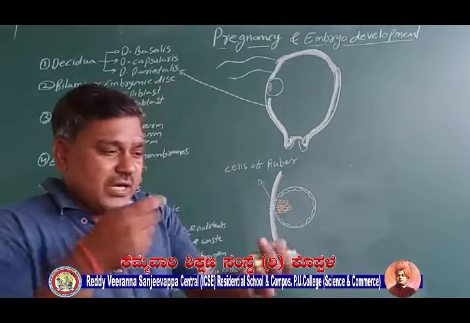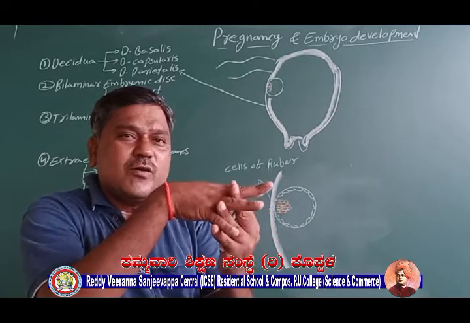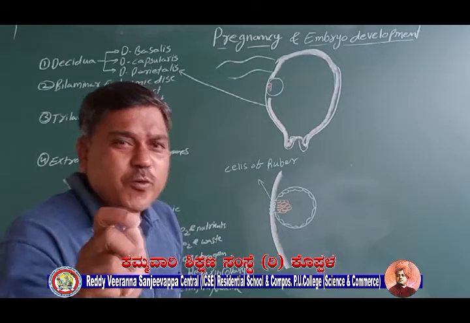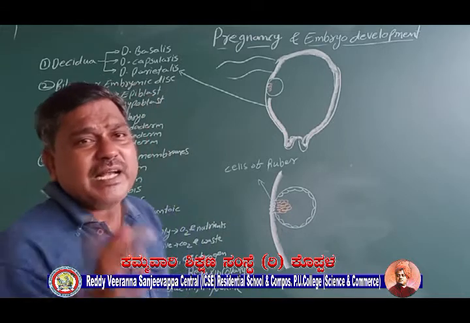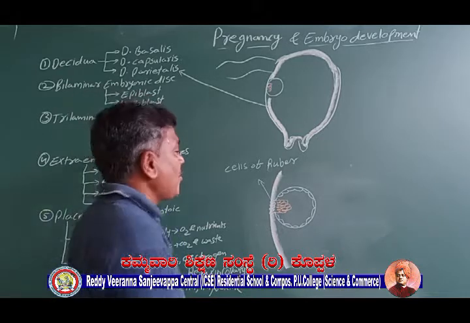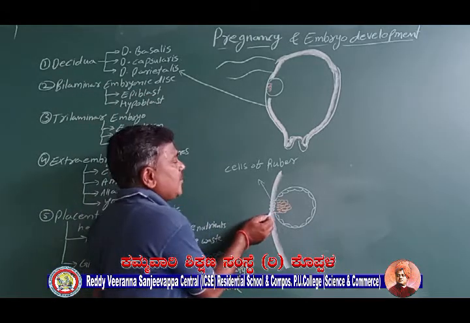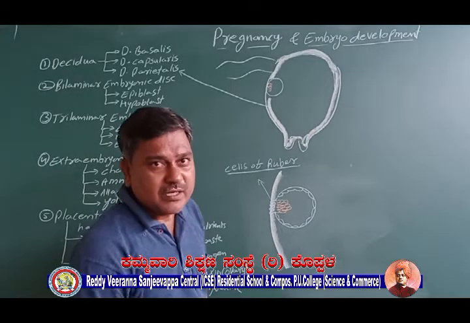Keep in mind, penetration into the endometrium is done by the trophoblast. To penetrate, they have to develop the finger-like projections, and these cells, which change their morphology to penetrate into the endometrium, are called cells of Rauber.